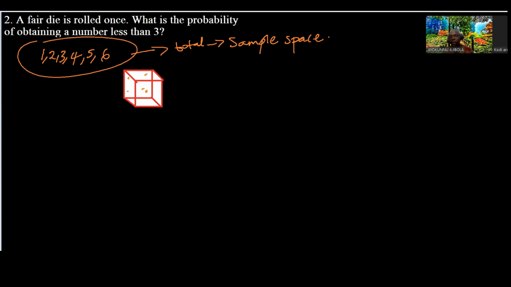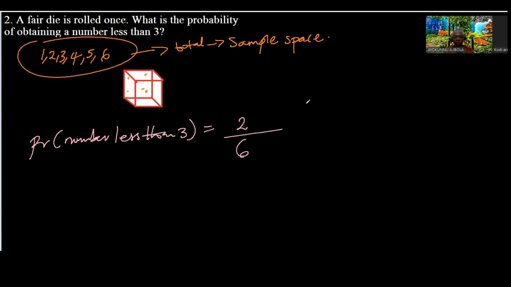So the probability of picking a number less than 3 will be the total number of figures that are less than 3 divided by the total population, which is 1 over 3. Is this clear? Yes, sir.